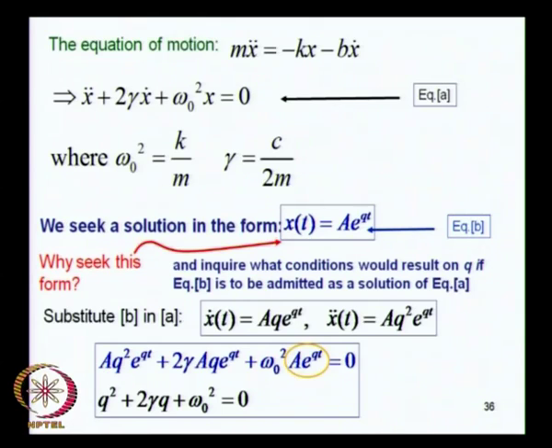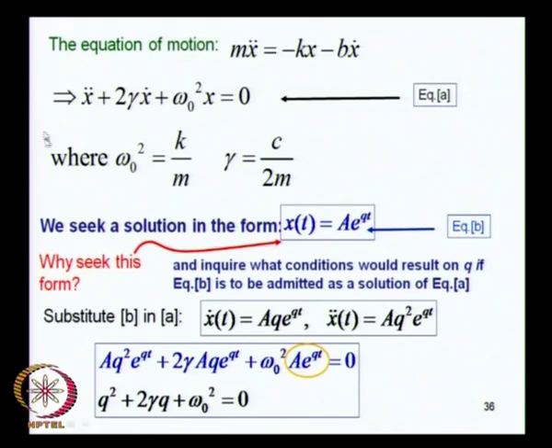So, you can actually strike it out because the right hand side is 0, right. So, you can divide the whole equation by a e to the power q t, strike it out, and then you are left with a quadratic equation in q, and this is a consequence of the second order differential equation for x. So, from differential calculus we have reduced the problem to algebra.